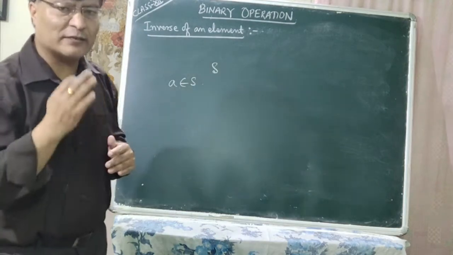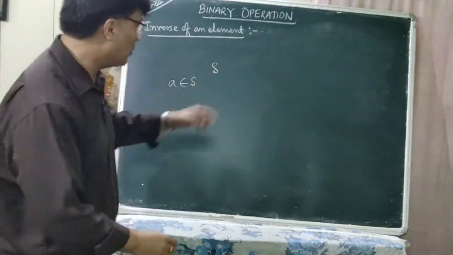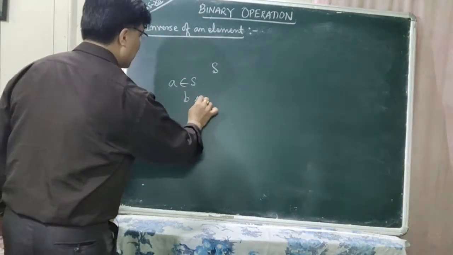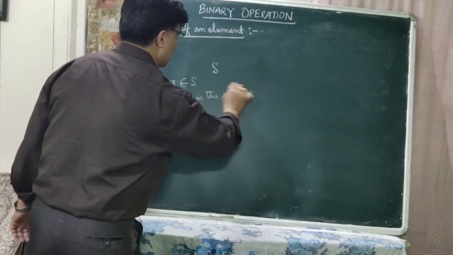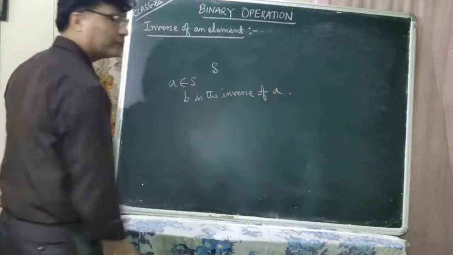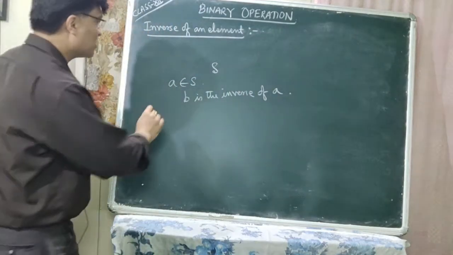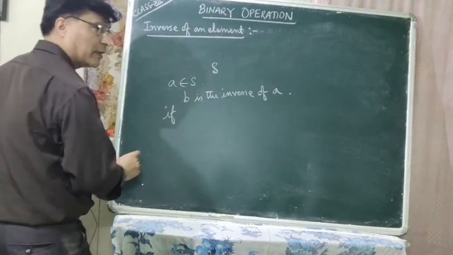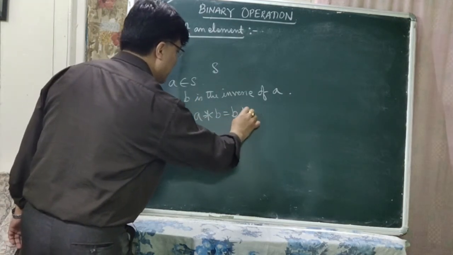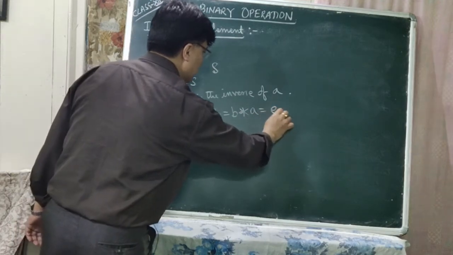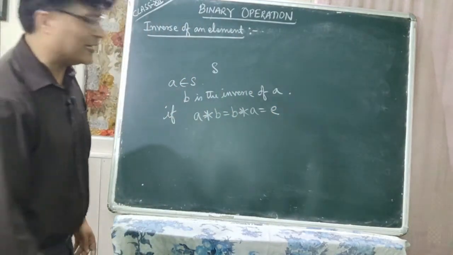So how can you define the inverse of an element A? Suppose B is the inverse of A if A star B is equal to B star A is equal to E, that is, the identity element.